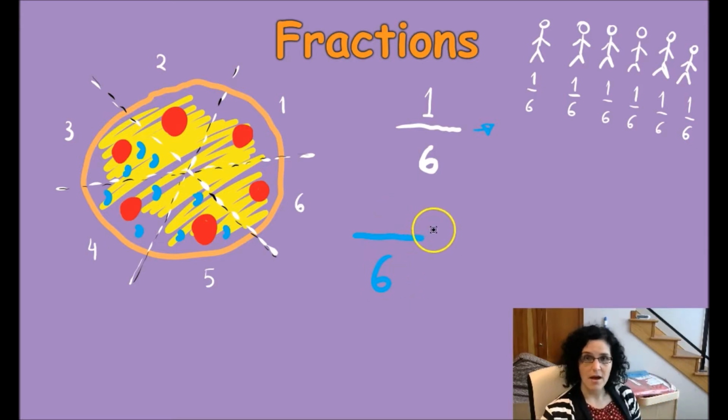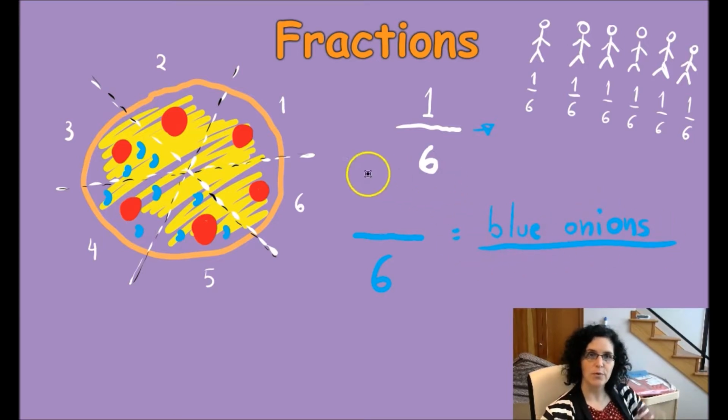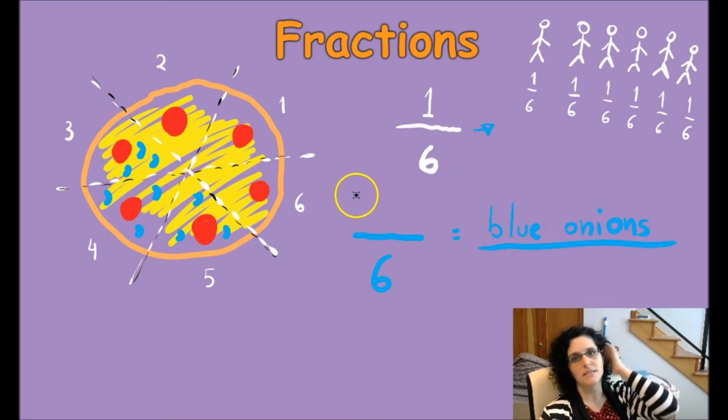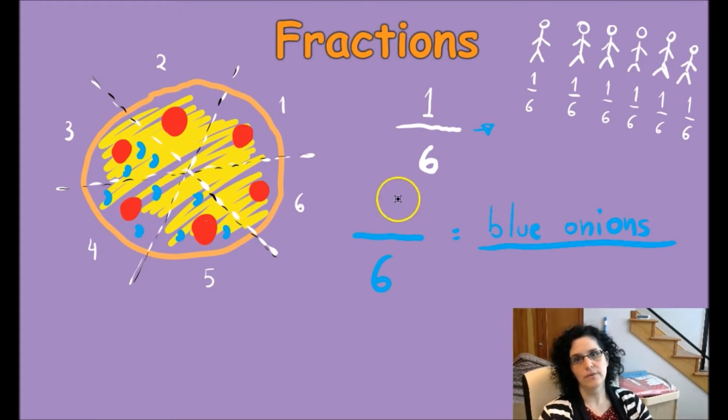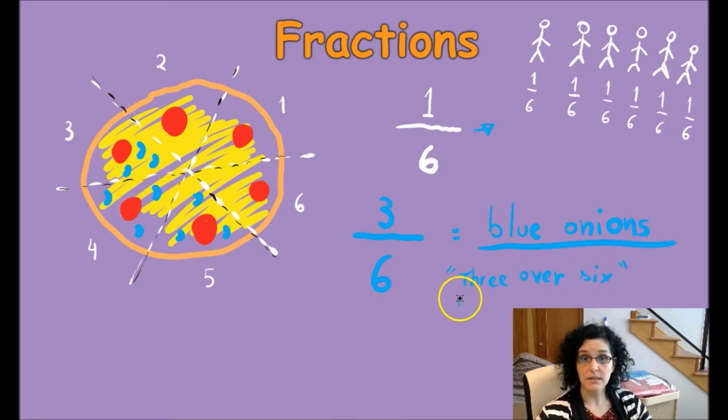It didn't change. But what is the number of slices with blue onions? This is 1, 2, 3. This is represented by 3/6, or 3 of 6.